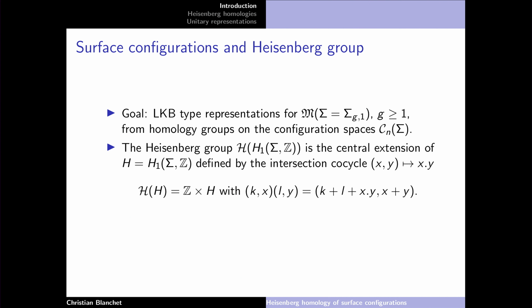You have intersection of curves with signs, which gives a symplectic structure on H1 of sigma. Then you define this extension, and formally you get Z times H1, so an integer and a homology class, but the product is corrected with this x dot y, which counts the intersection of the two homology classes. So this is a non-commutative group, but it is as close as possible to commutative.